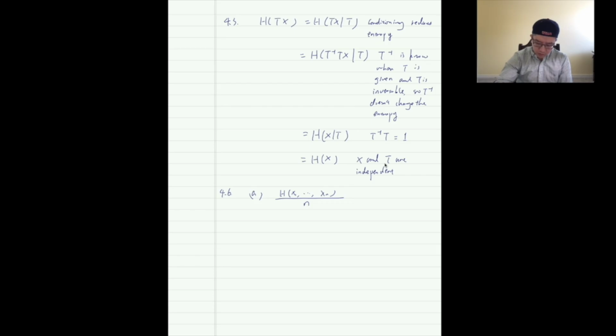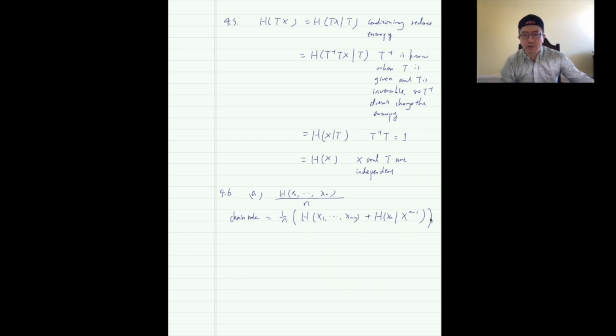So by using the chain rule of entropy, we can have this term H of x1 till xn minus 1, right? This is the term that we want. And then we have another term which is H of xn given x1 to xn minus 1, right? Okay, so now we have this term here, which is nice, right?